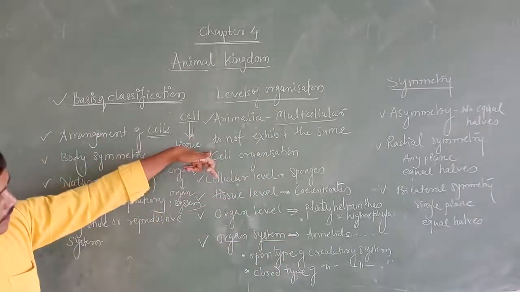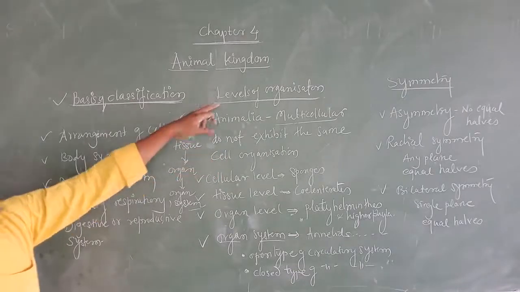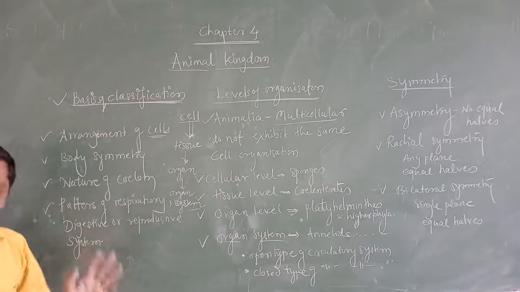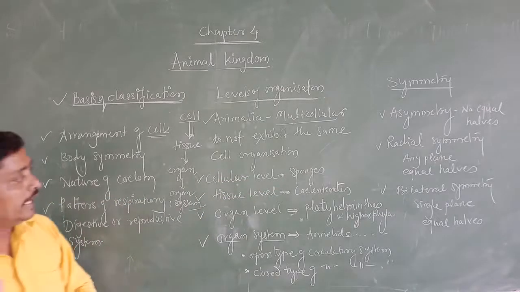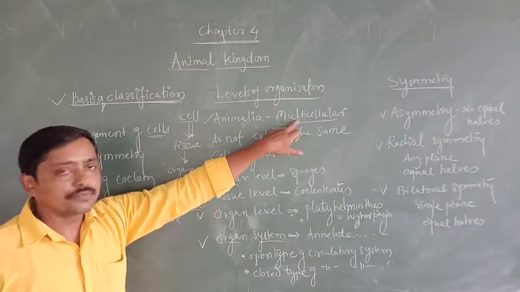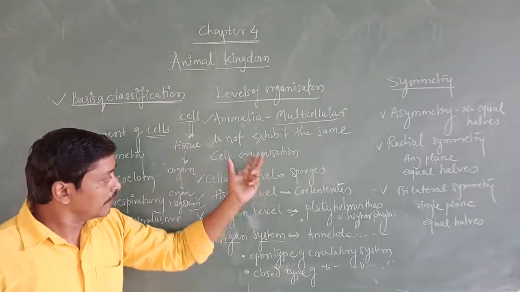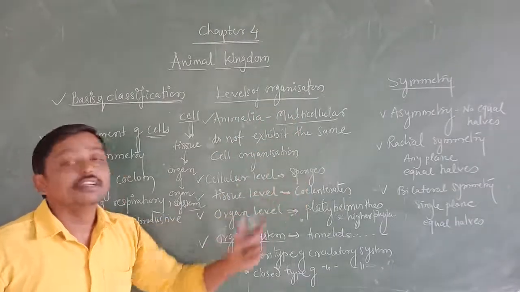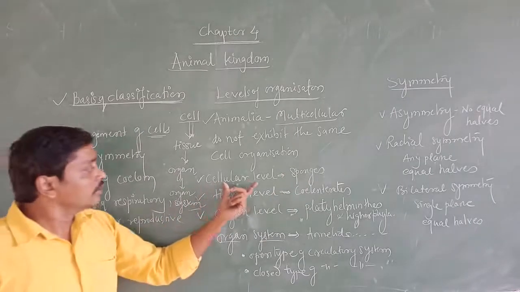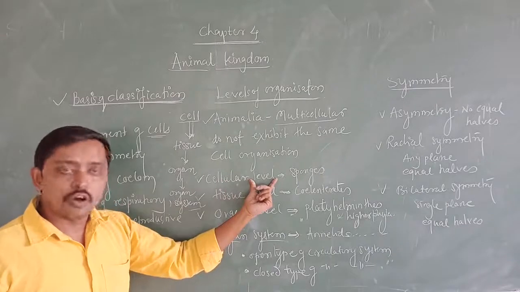So, these are the four levels of organization we find in organisms, from lower level to higher level. In kingdom Animalia, all the organisms are multicellular, and the lower organisms are sponges, which come under the phylum Porifera, and they show the cellular level of organization.